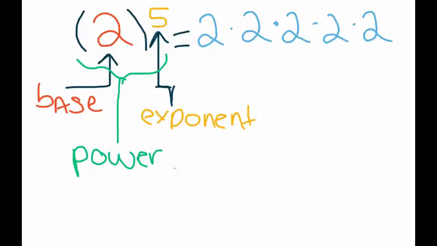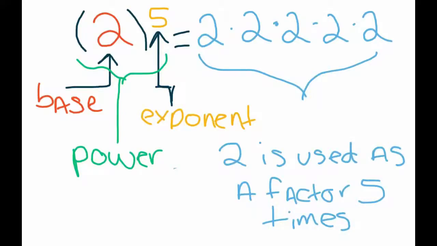When this power is evaluated, we see that 2, our base, is used as a factor 5 times. Here we see 1, 2, 3, 4, 5. So in other words, we multiply 2, the base, by itself 5 times because our exponent is 5.